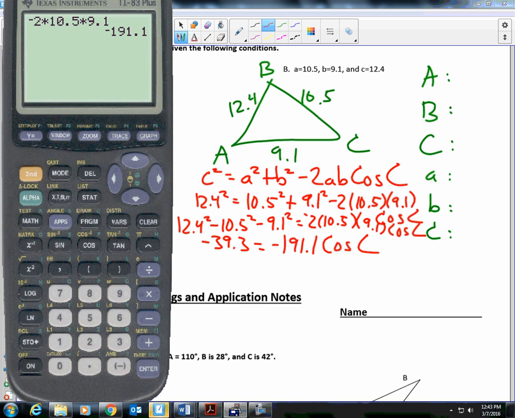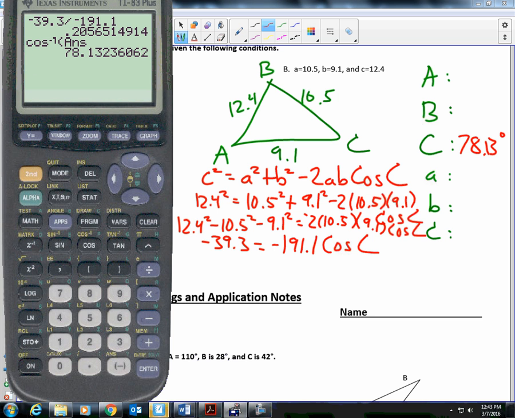Will I come up with cosine being positive or cosine being negative? Positive. So therefore, is it the first quadrant or second quadrant? I get 0.20565. You guys said that's going to be the first quadrant, so it'll be acute. I'll cosine inverse the answer. I get 78.13.